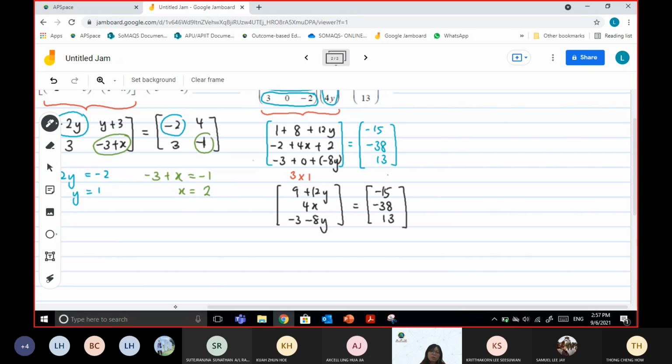If we solve for y first, we may take this value. So 9 plus 12y equals negative 15. So 12y equals negative 6. So y equals negative 6 over 12, which is negative 1 over 2.